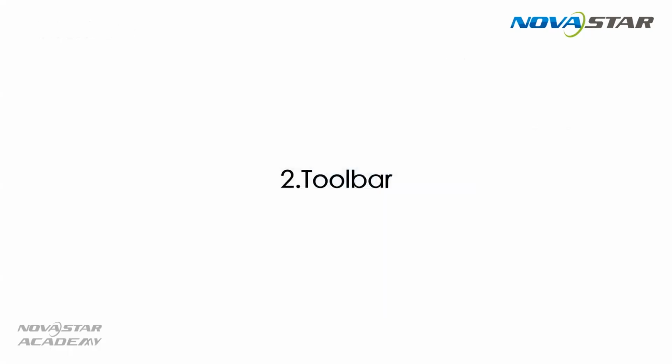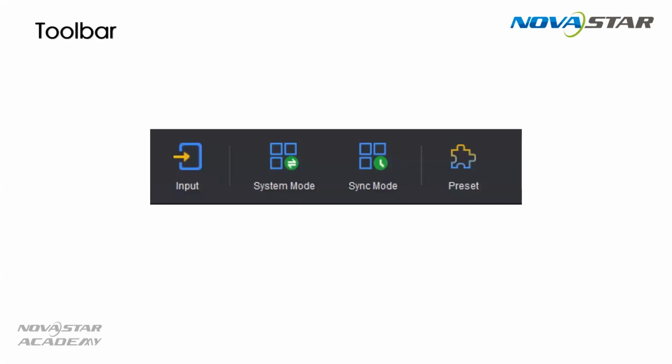So let's see the toolbar first, the upper part of the software. Let me show you this part with the real software. Wait a moment. Let me open my V-Can and show you.